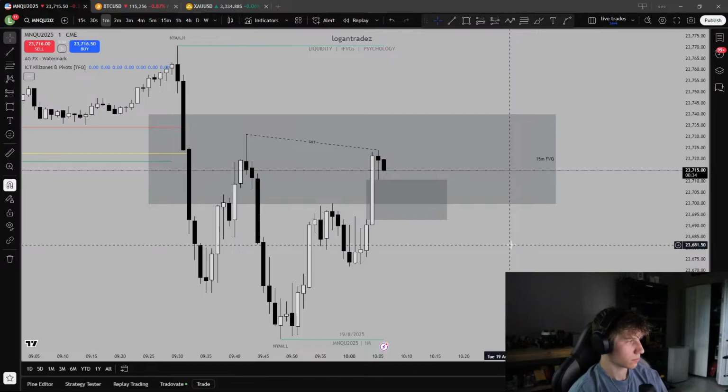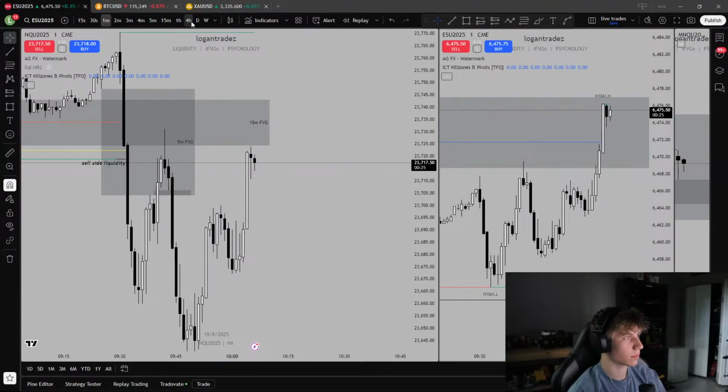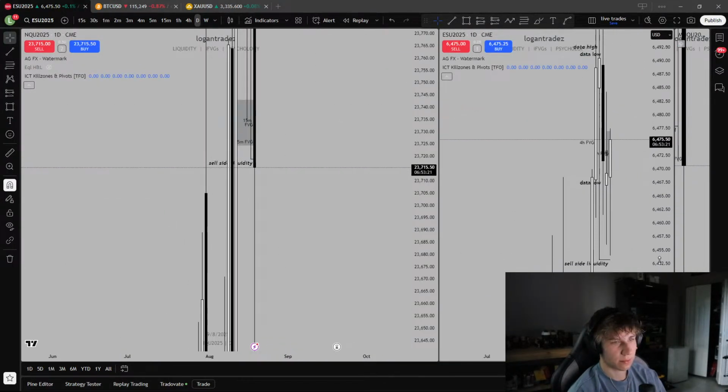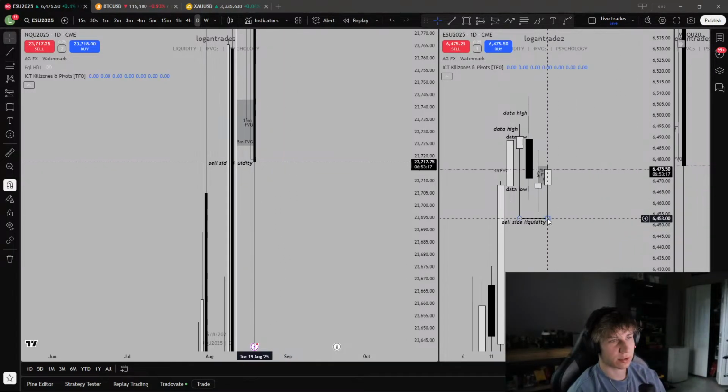Yeah, damn. And we tapped into the 15-minute, so we just got to see reaction here. MES is in a daily gap. Well, I don't care about MES. I care about ES. ES is at a daily gap, but that's already the mitigated part. There's still sell side below.